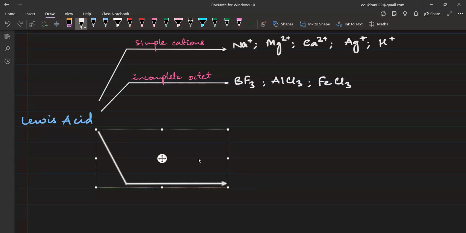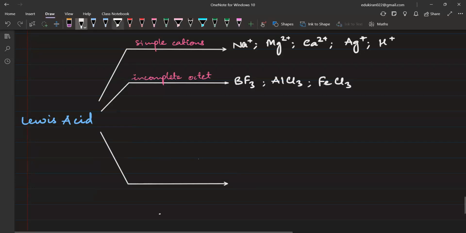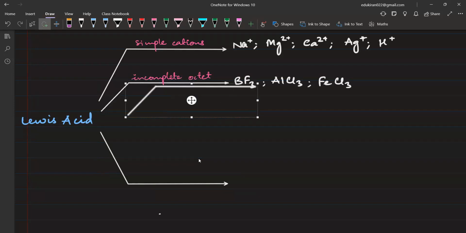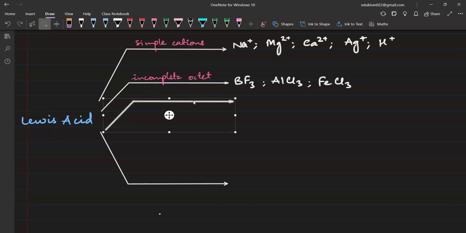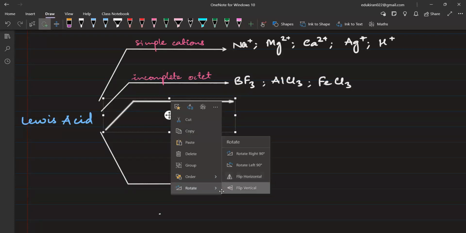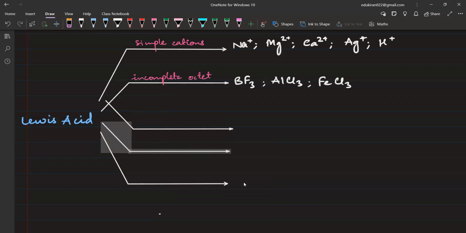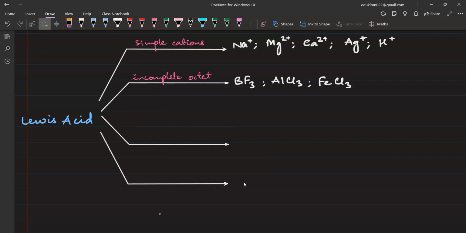Next we have, इसमें एक बार हम ये भी कर लेते हैं जरा. There are 2 more cases in which we can have Lewis acids. बट इसमें मेन जो है ना, आपको सिंपल कटायन वाला और इनकम्प्लीट ऑक्टेट वाला ही याद रखना है. अदर्स आर नॉट जनरली यूज्ड, इतना इस्तेमाल नहीं करते हम लोग. ठीक. सो नेक्स्ट इज when you are going to have empty d orbitals.